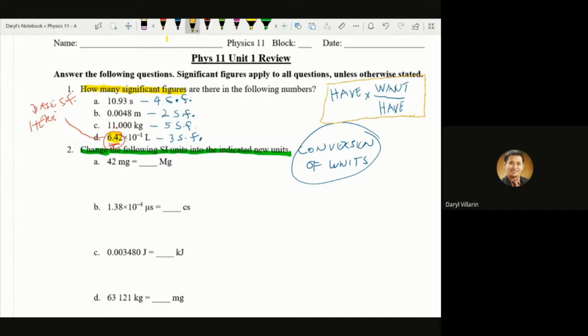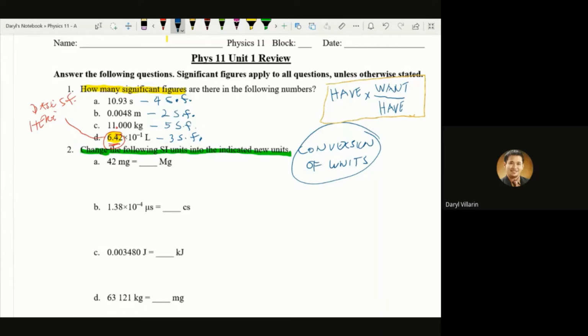But in dealing with this one, make sure that you distinguish a small letter and a capital letter because they're different for the different prefixes. A capital M pertains to mega, a small m is milli. So just take note of that.